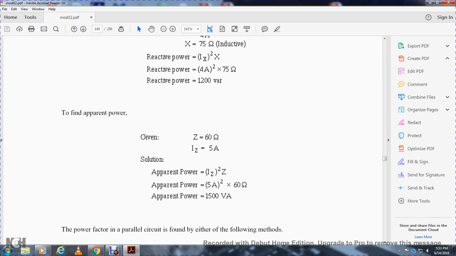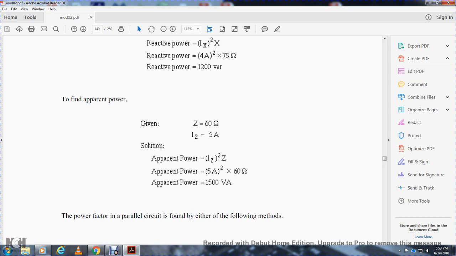To find apparent power, given that the impedance is 60 ohms and the impedance current is 5 amps, the impedance current squared times the impedance gives 1500 volt-amps apparent. We'll find that out as soon as we get to the end.